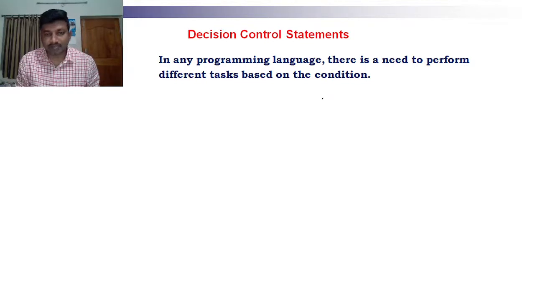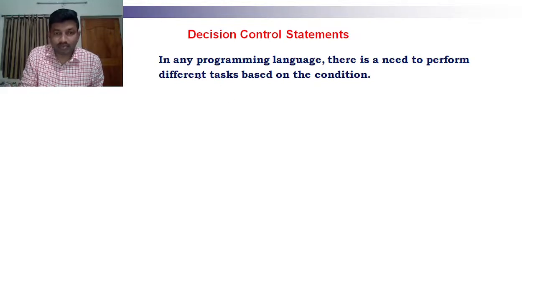So you can see, even in a programming language there is a need to perform different kinds of tasks based on the outcome of the test condition. In fact, we have seen decision control statements. These statements mostly use the keyword if.